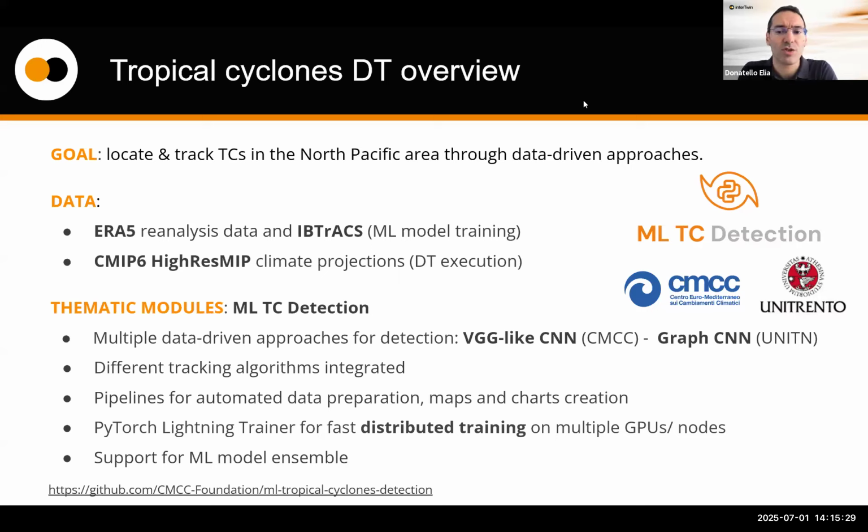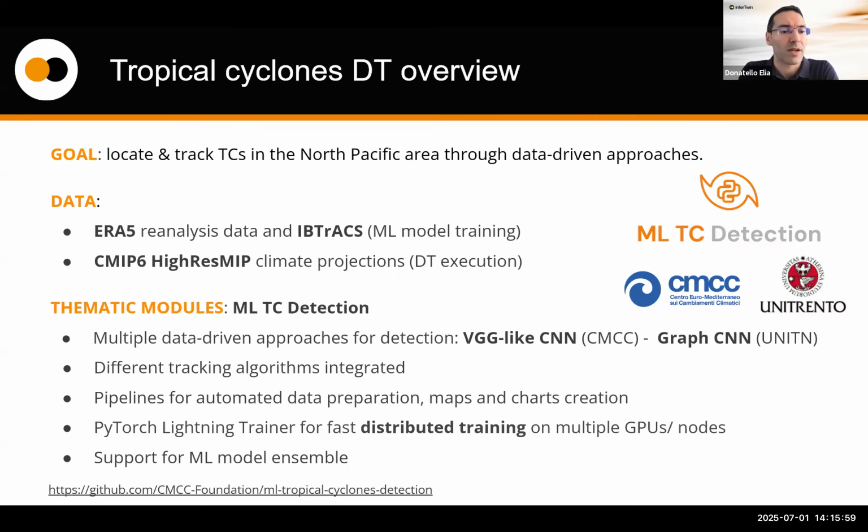To support the application, a specific thematic module has been implemented. This is the multi-seed detection library, which provides the key capabilities for implementing the different pipelines. In particular, it supports multiple types of machine learning models. We currently have two main implementations: one based on a convolutional neural network implemented by CMCC, and another one based on a graph convolutional neural network implemented by the University of Trento.